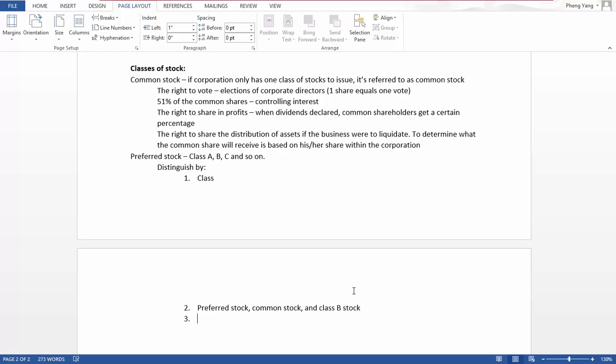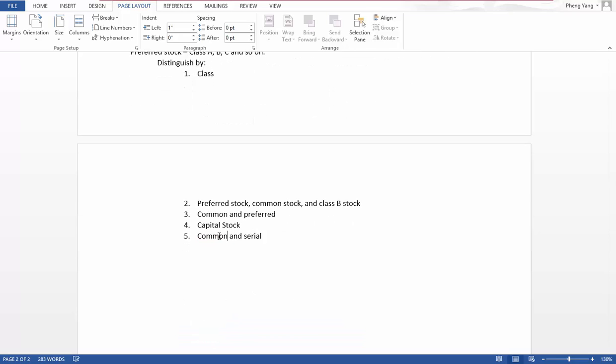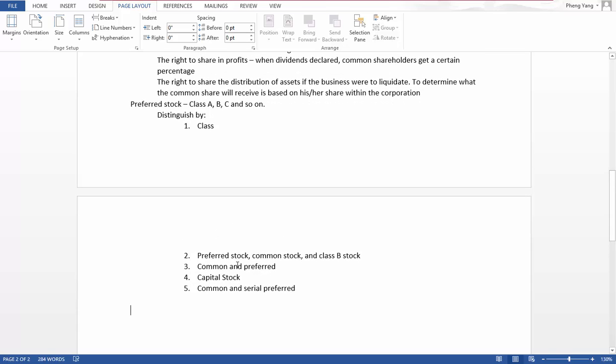Some of the other distinguishing designations can be called just common or preferred, or they can just say capital stock, or common and serial preferred. So those are some examples of how stocks can be classified.